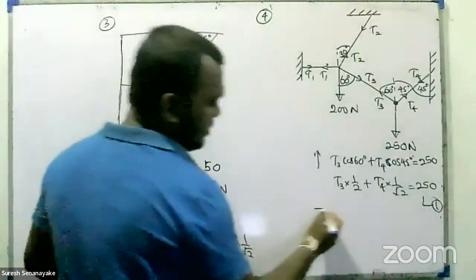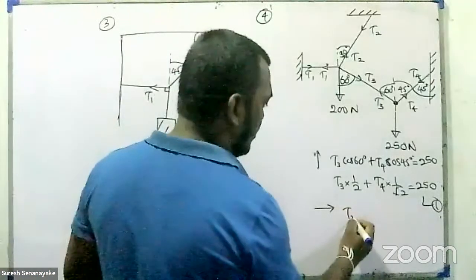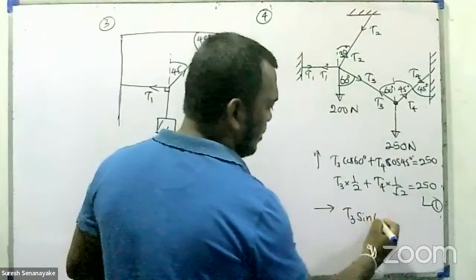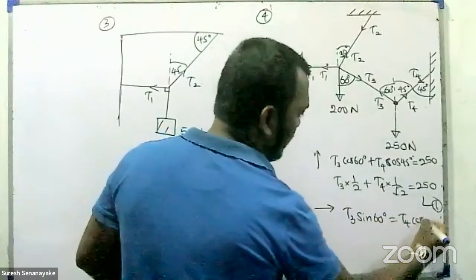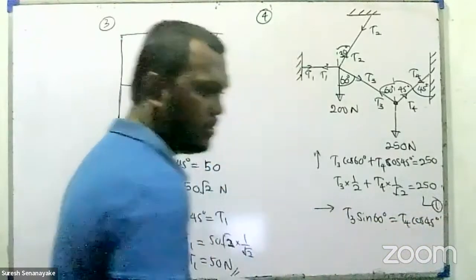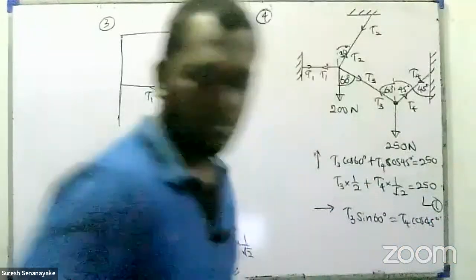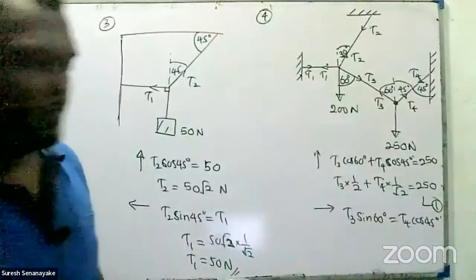And when you consider horizontal components, T3 sin 60 equals T4 cos 45.